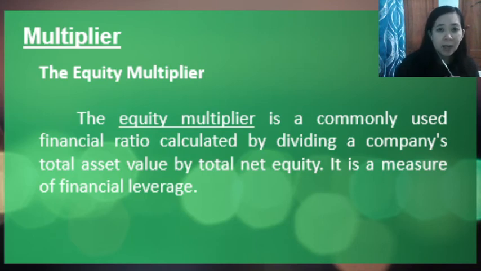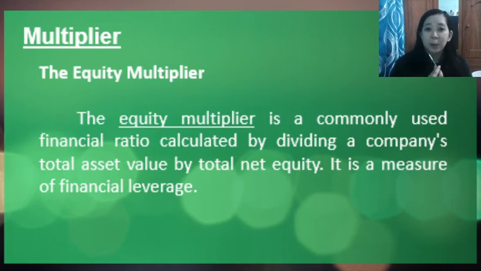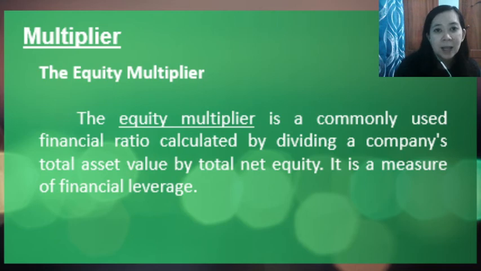When we say financial leverage, this normally is related to the sources of funding. Sources of funding for a company may be from their shareholders in the form of capital contributed, or from long-term liabilities from creditors, in which the company takes a loan or long-term debt.